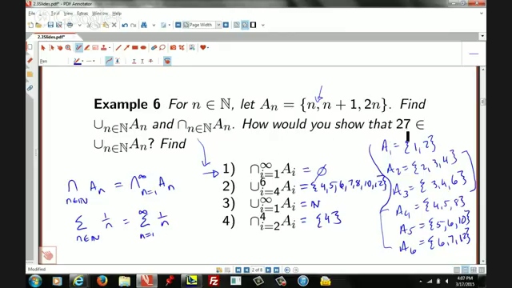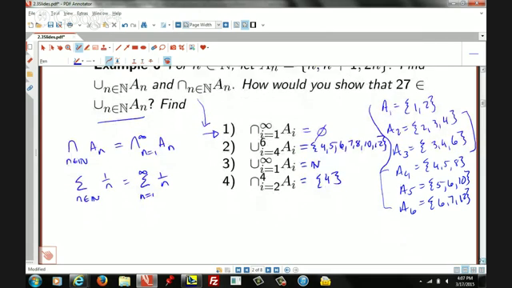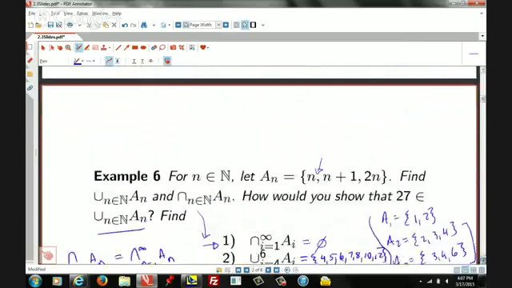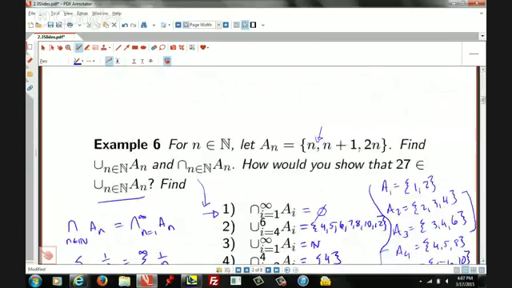How would you show that 27 is in the union over n in the naturals of A sub n? I scrolled down too far. No, I went up too far. What's our definition for A sub n? You just have to find the number that works. What set do I know it lives in? What value of n?